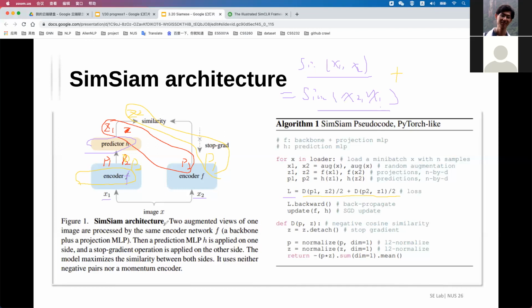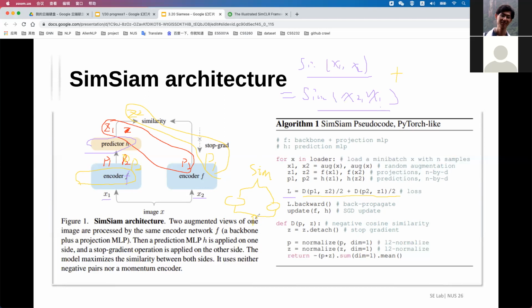After training, we just use the encoder for the Siamese model. You don't use the predictor, you can just check the cosine similarity of the representations. So you just have the encoder and check the representation similarity.